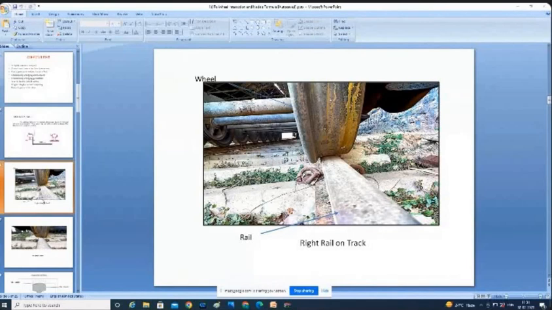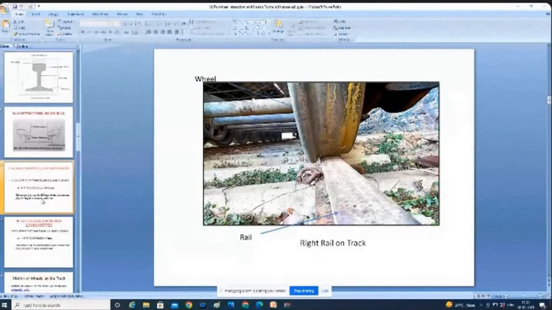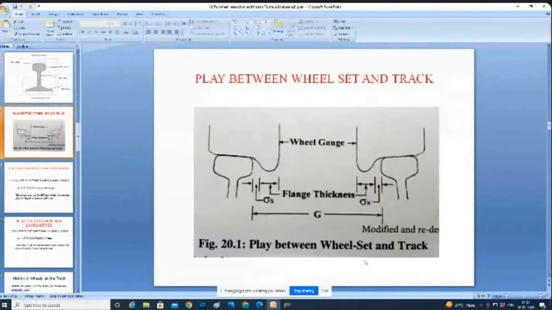Okay. So here you can see how the play is calculated. This is again a repeat. This is the wheel gauge, 1600 in the case of coaching stock or wagons. And from here to here is 1676.